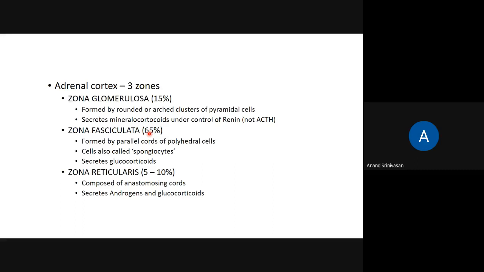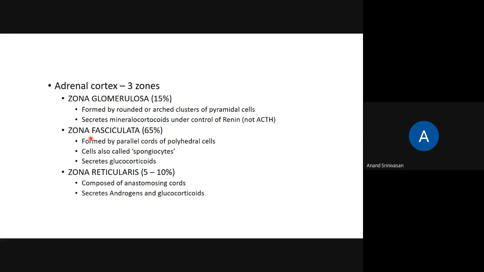Mineralocorticoids are the ones which control the electrolytes in our body. Another hormone called renin acts along with them in the zona glomerulosa to secrete mineralocorticoid.